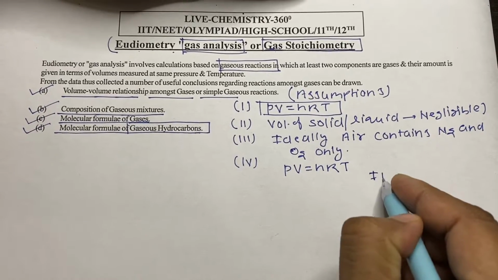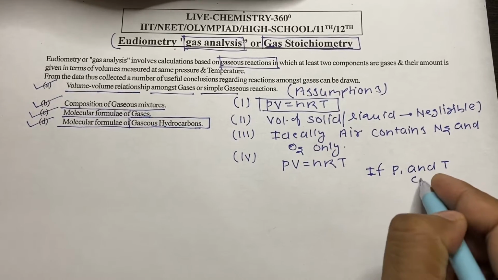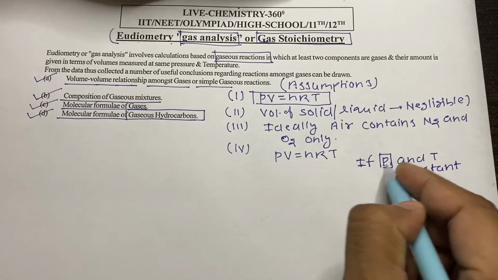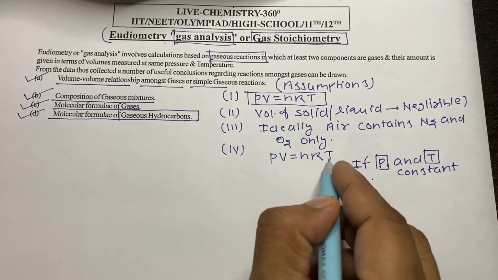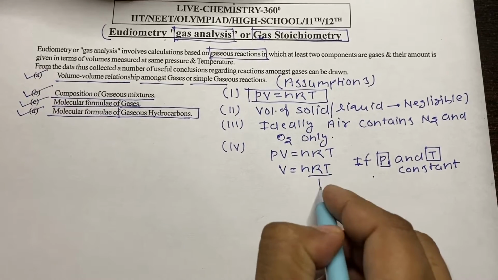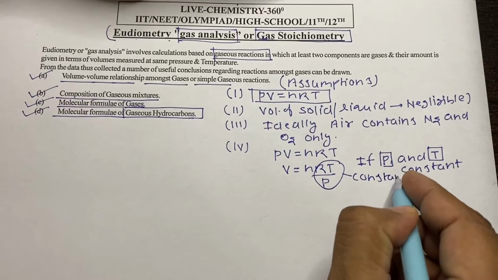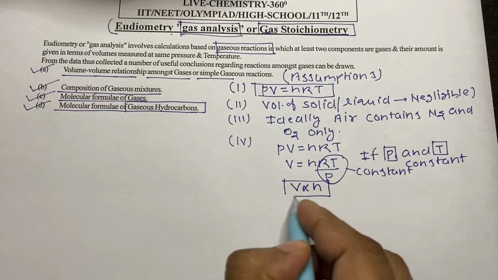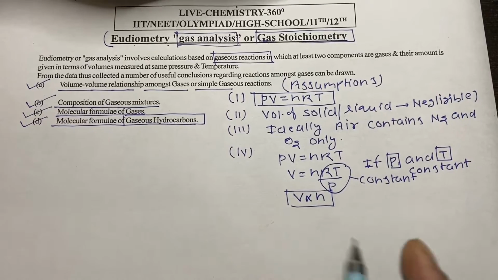If P and T are constant, that is, if the identical condition of pressure and temperature is given, PV equals nRT and V equals nRT by P. So RT by P is constant, then we can say that V is directly proportional to n. Simply we can say that we can take the mole ratio or volume ratio as equal.